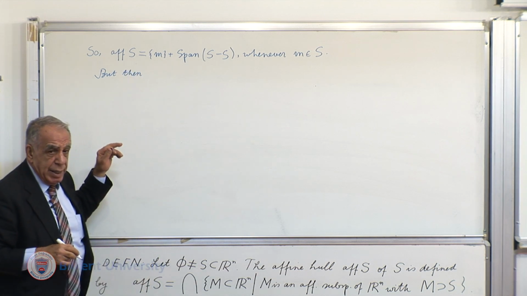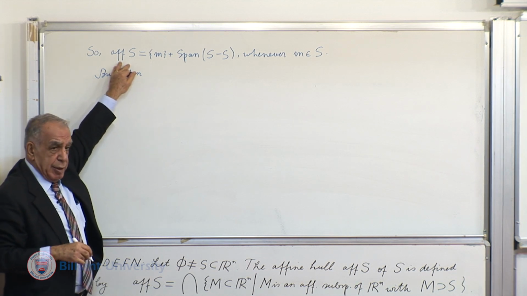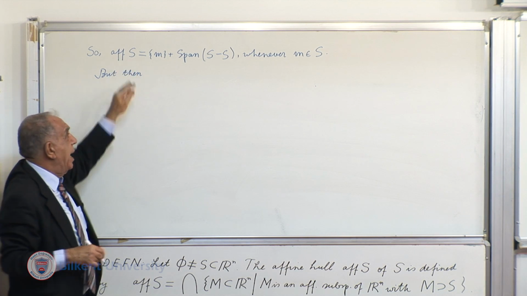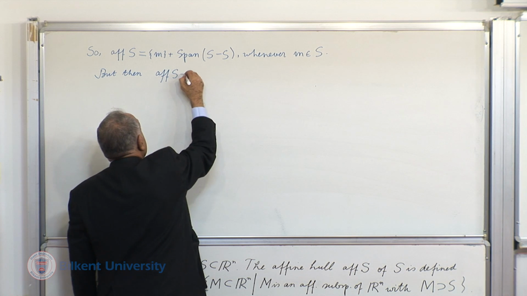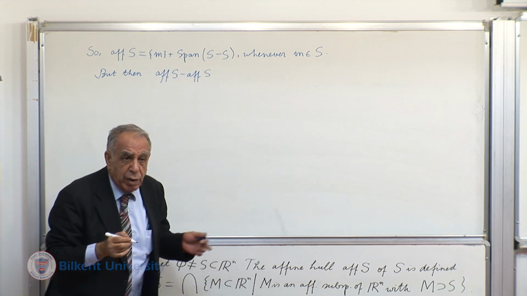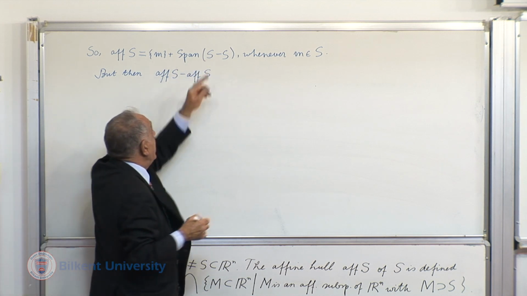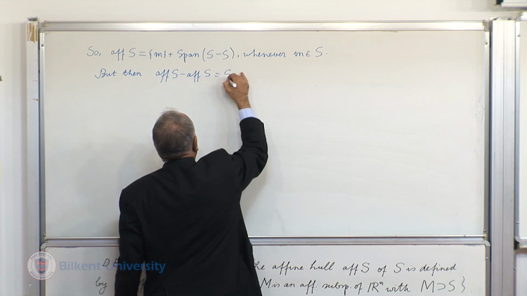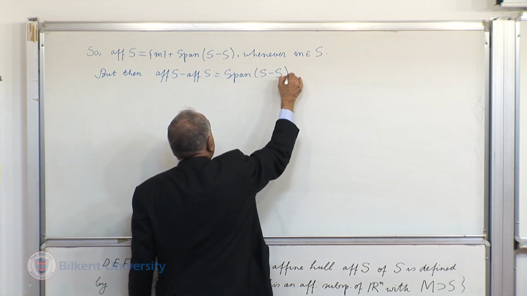The subspace associated with this affine subspace of Rn is, on the one hand, affine hull of S minus affine hull of S, that we know to hold for all affine subspaces. But on the other hand, it's span S minus S.